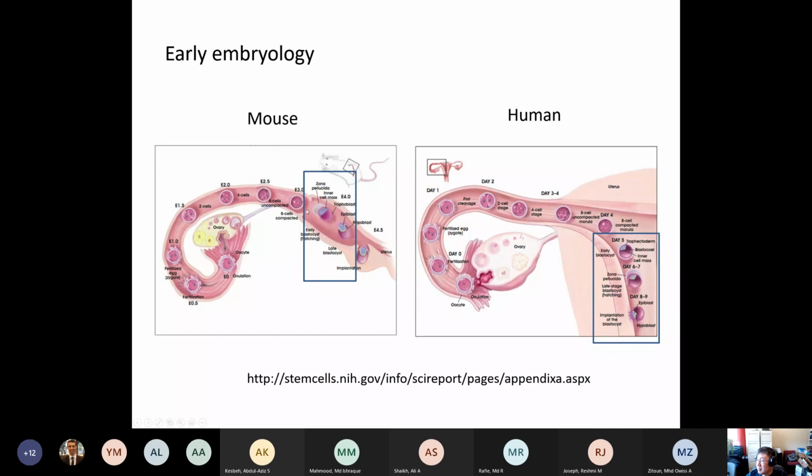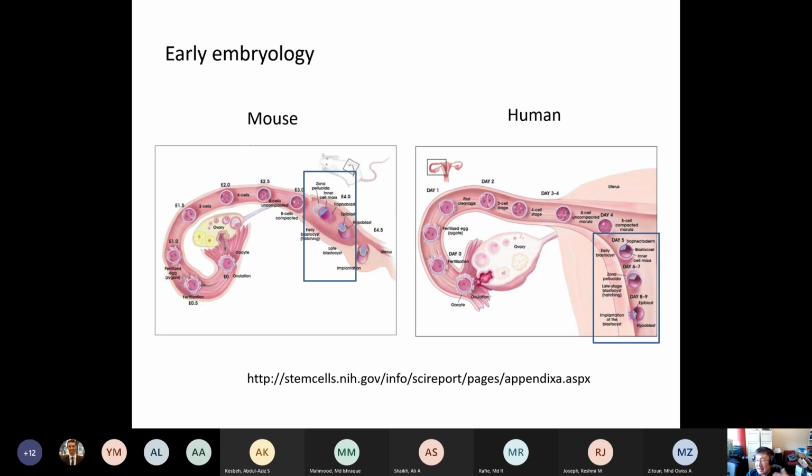That's the structure of the early blastocyst. As you can see here, you have some cells on one end of the embryo. That's why we call it the inner cell mass. And then if you isolate the cells, you get embryonic stem cells. But remember, at this point, that embryo is not implanted yet.